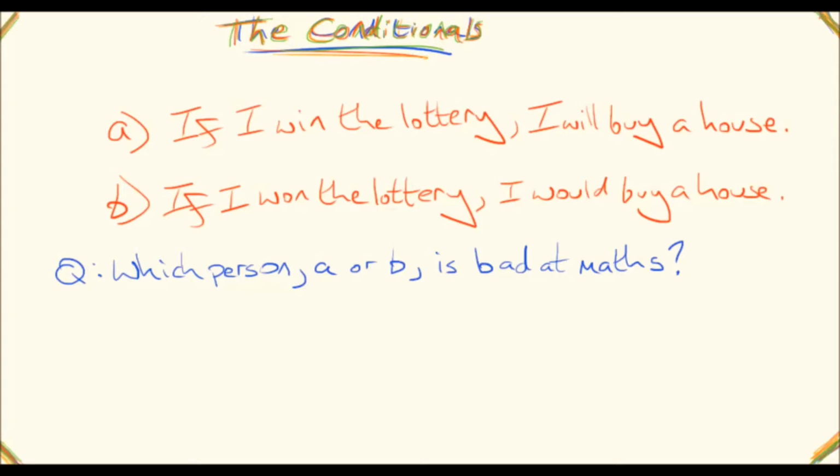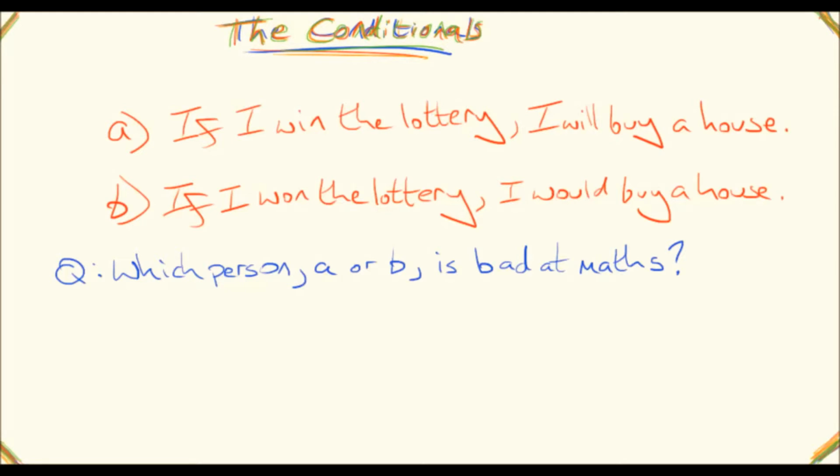Which one has backshifted the if clause and used the modal verb would on the other side? That's person B, right? Person B has created an unreal conditional. Person A hasn't backshifted anything and hasn't used the modal would on the other side. They're just referring to the future in the simplest possible way.